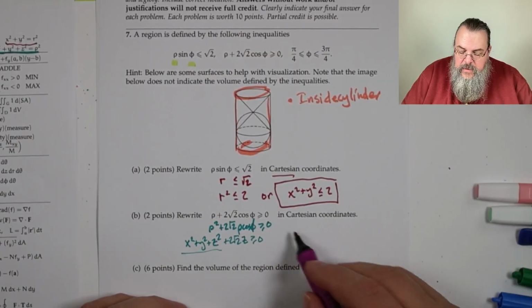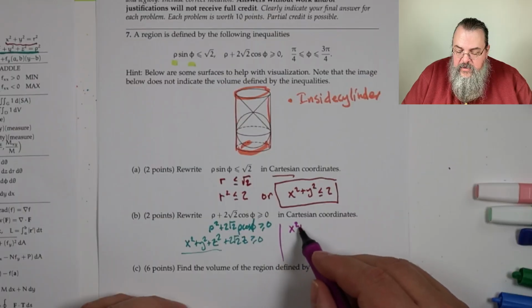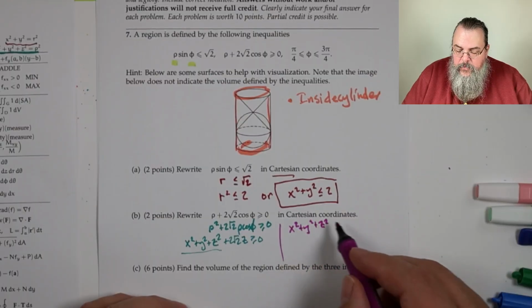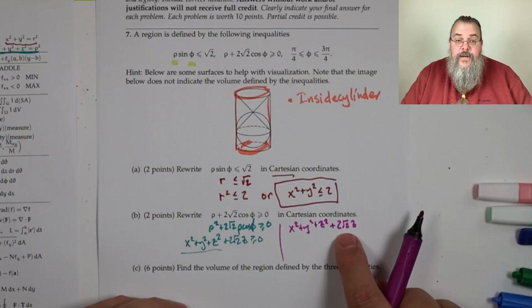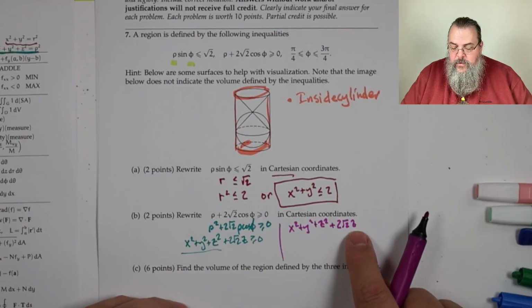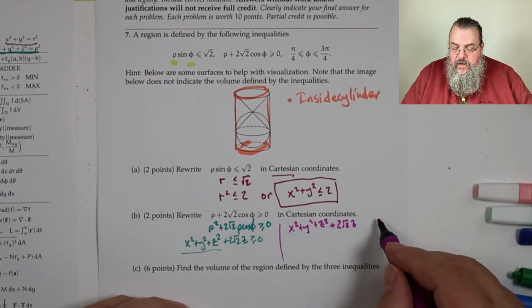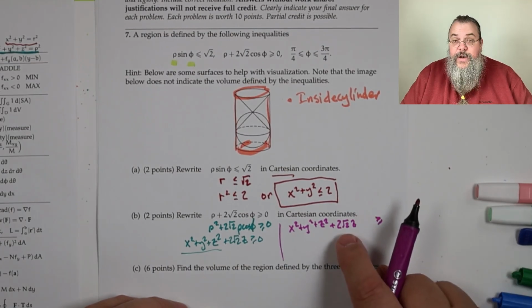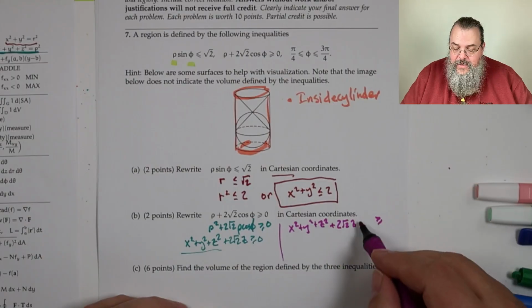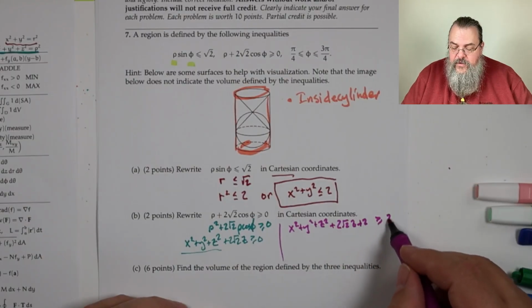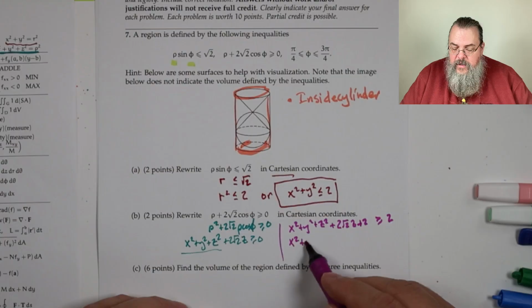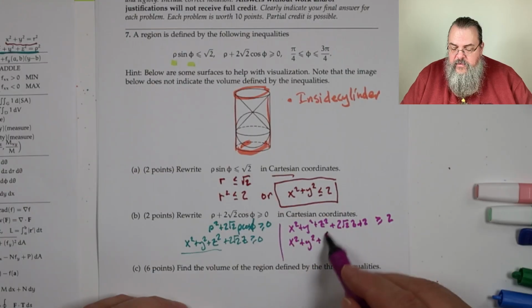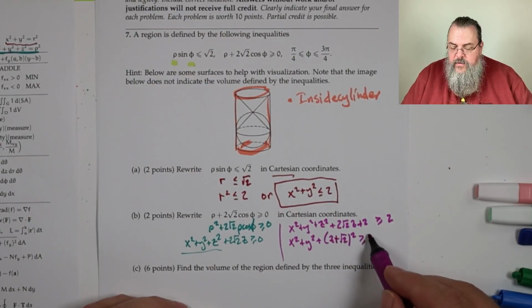We'll add and subtract, or alternatively, you can think of adding to both sides. Take what's in front of the z coordinate, which is 2 root 2, divide that by 2 to get root 2, square that, and you would add 2. So we're adding 2 to both sides. Now this becomes x squared plus y squared plus (z plus root 2) squared is greater than or equal to 2.